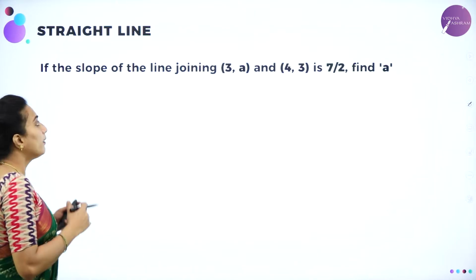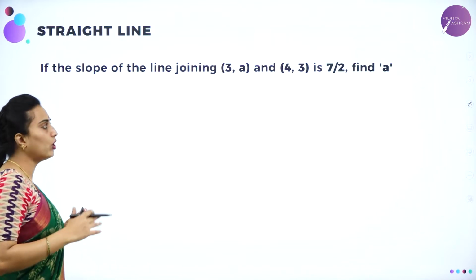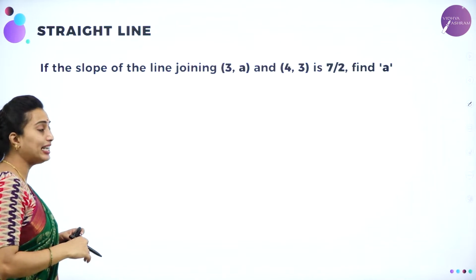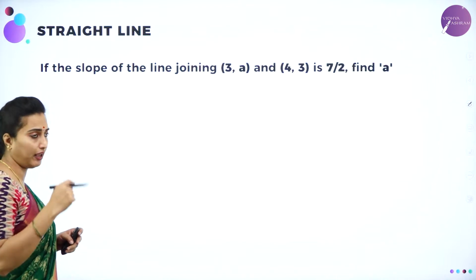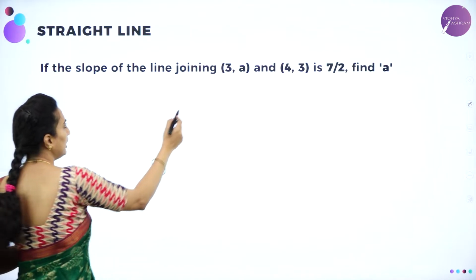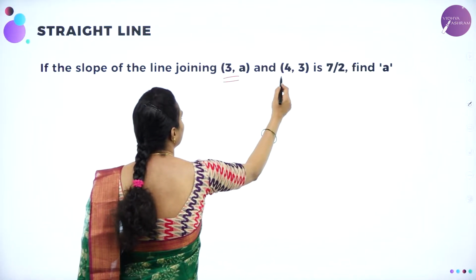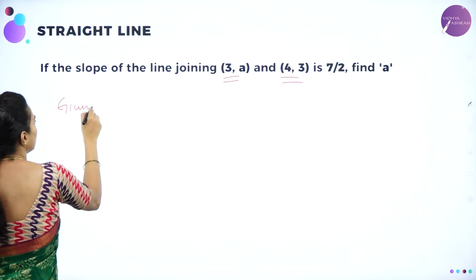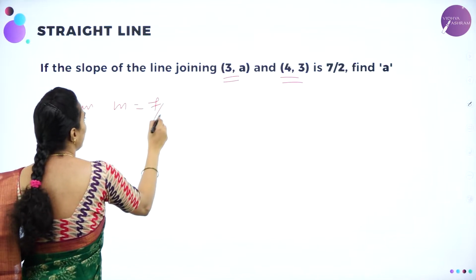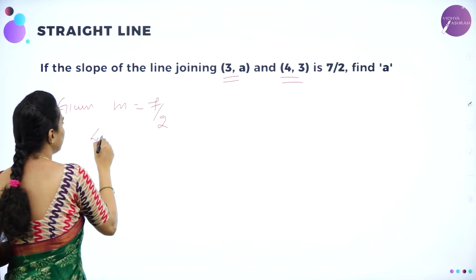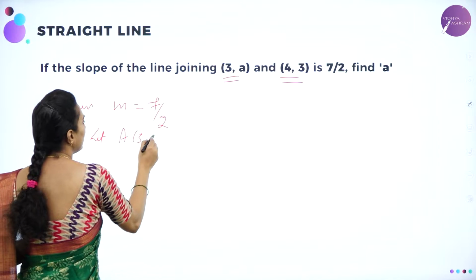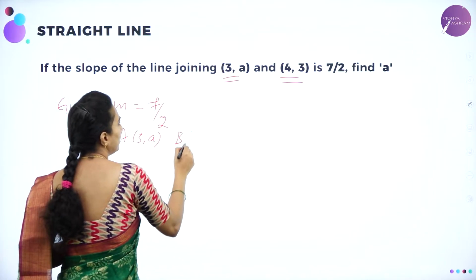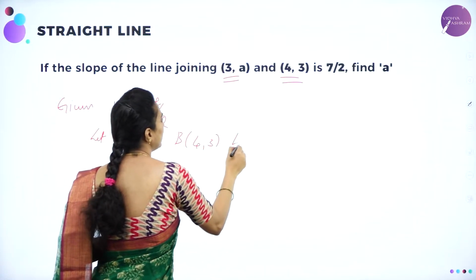What they've asked: if the slope of a line joining 3, a and 4, 3 is 7 by 2, find a. So slope of a line joining this and this is 7 by 2. So given m is equal to 7 by 2 and let A of 3, a and B of 4, 3 be the given points.